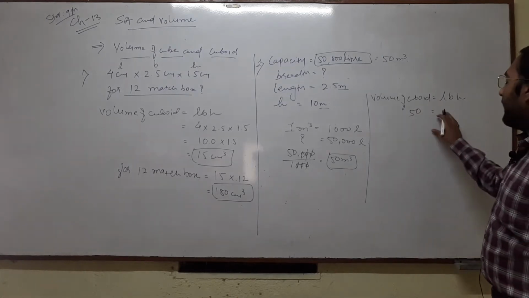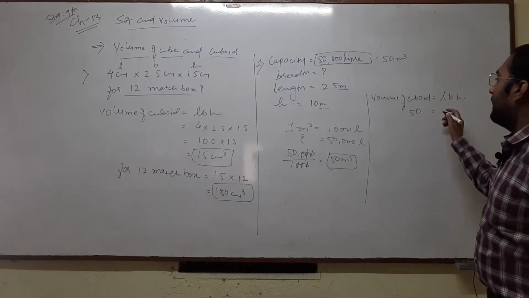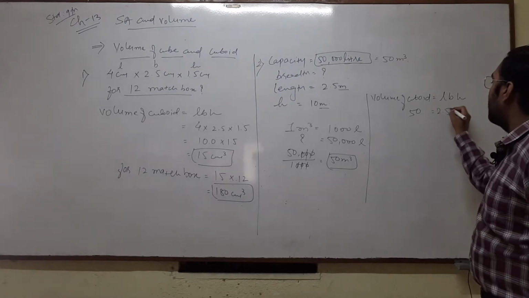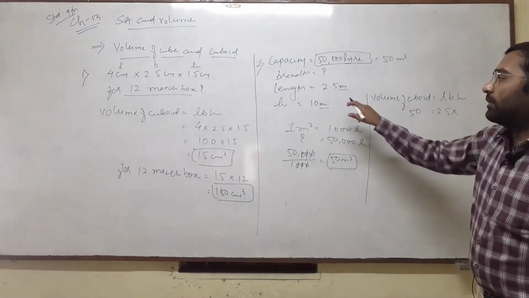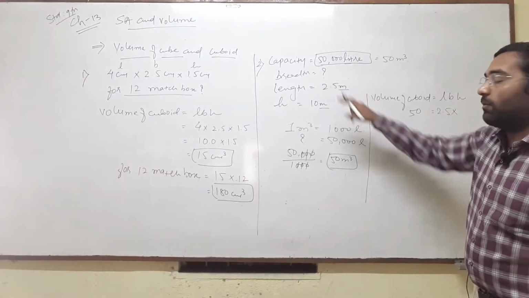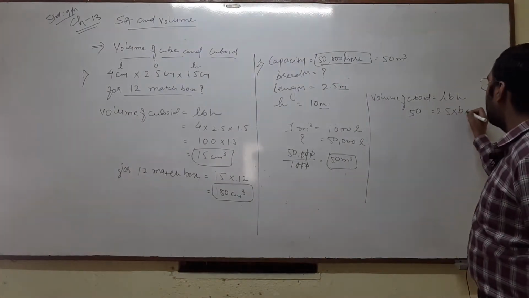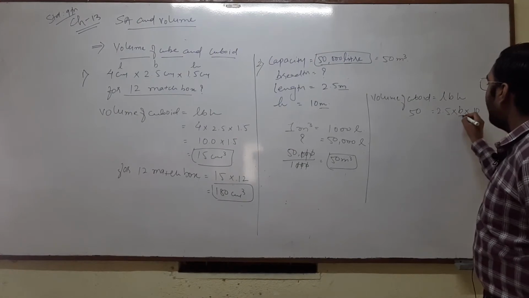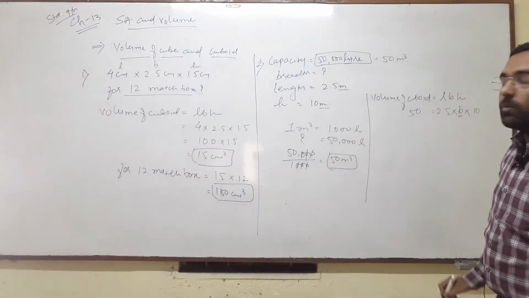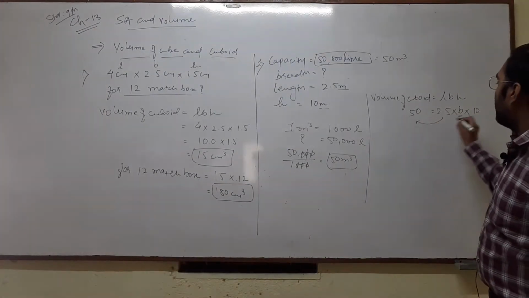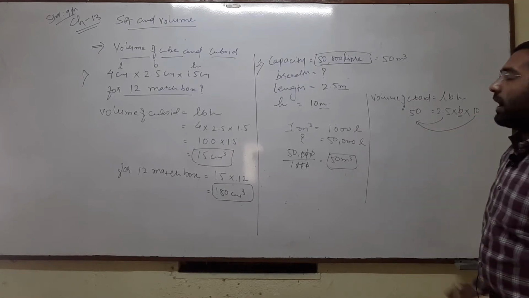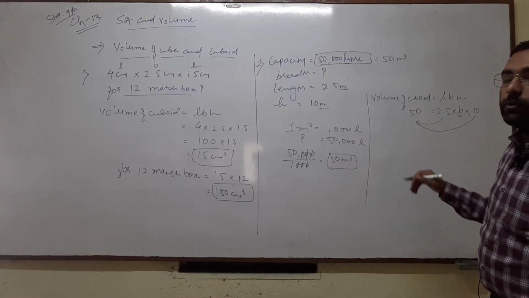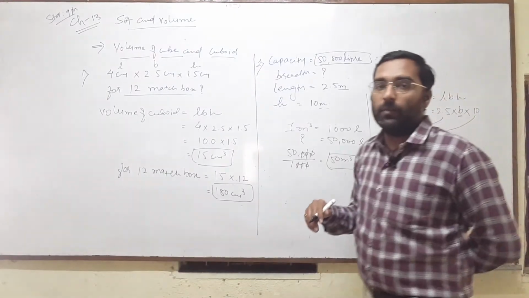And what is my length? Length is 2.5 meter into breadth, that I have to find, and height, that is 10 meter. Now I have to find the breadth of the cuboid, so I'll divide 50 by 2.5 and 10.